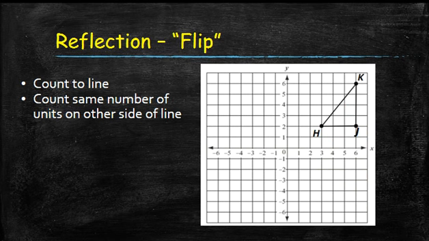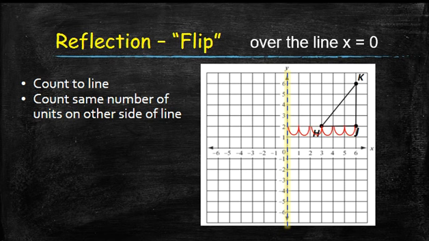Let's try another one. This time we're going to reflect over the line x equals 0. First thing I'm going to do is highlight that line. X equals 0 is a vertical line, goes right over the y-axis. So for each of these points, I'm going to count to the line, and then I'm going to count the same number on the other side. Start with J. I count to the line. I count 6, so I'm going to count 6 on the other side. So my new point J prime is at -6, 2.